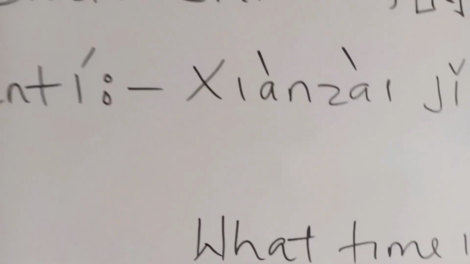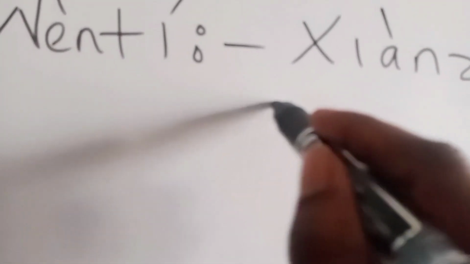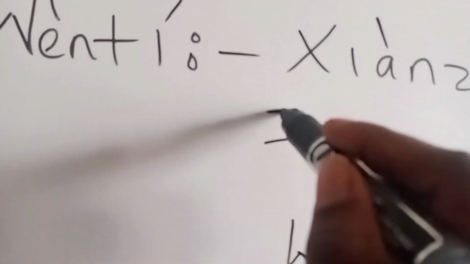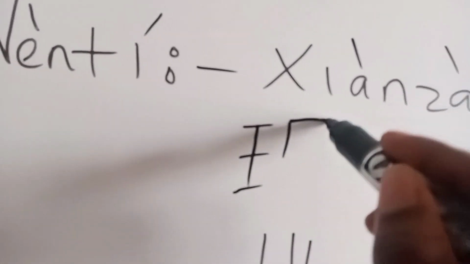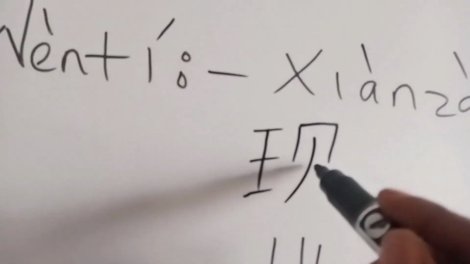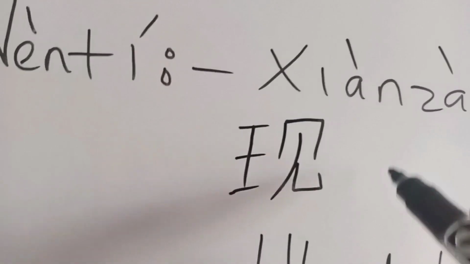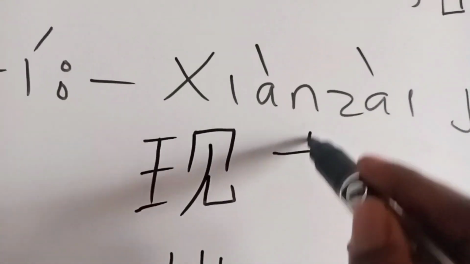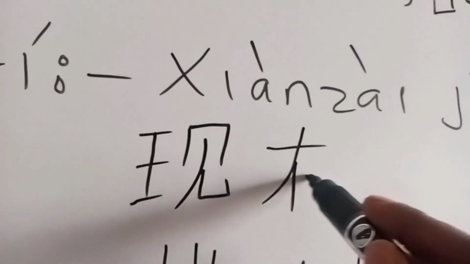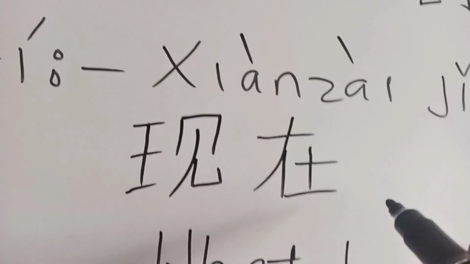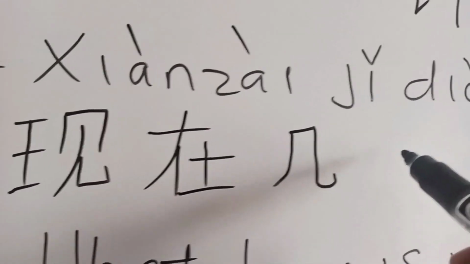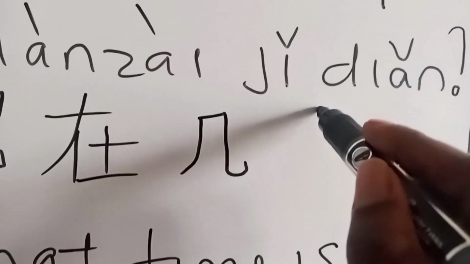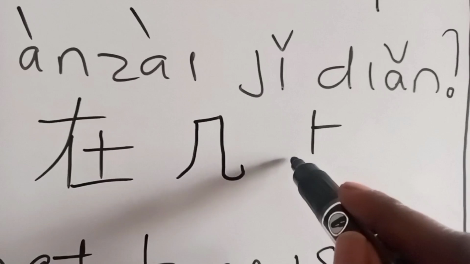Then 现在几点? This is how to write 现在. 现在. We wrote G in our last class. And this is the end. Watch me.